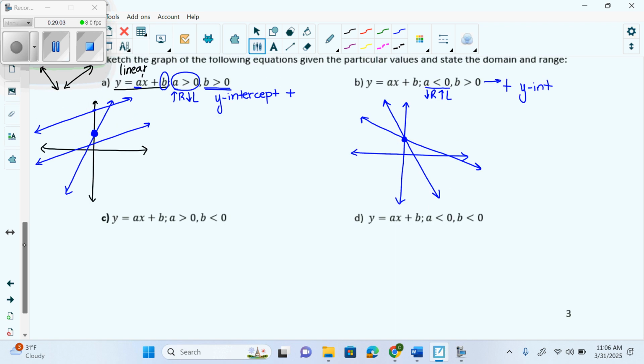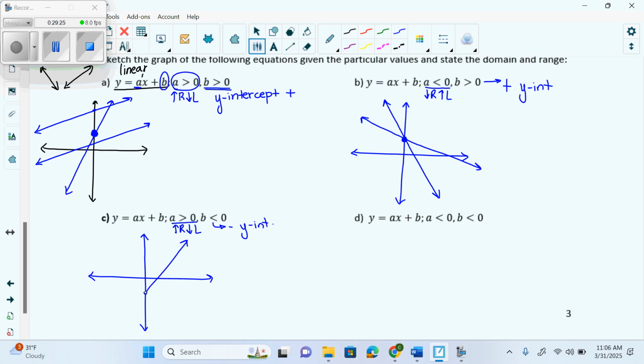Okay, this one is up on right, down on left, because linear has to disco. And this is negative y-intercept. Give myself arrows. Negative y-intercept will go here. And it needs to be up on right, down on left.